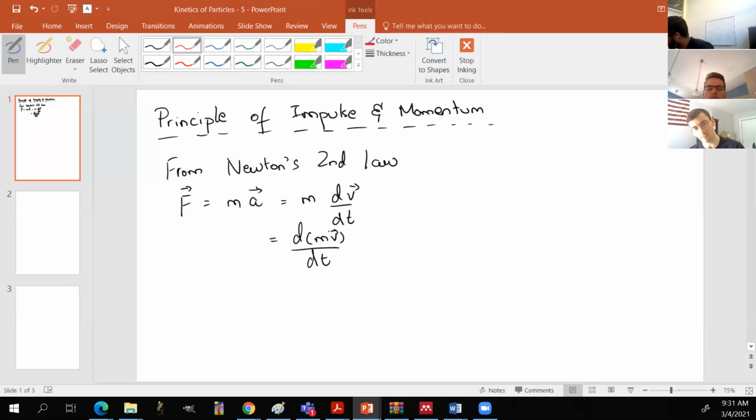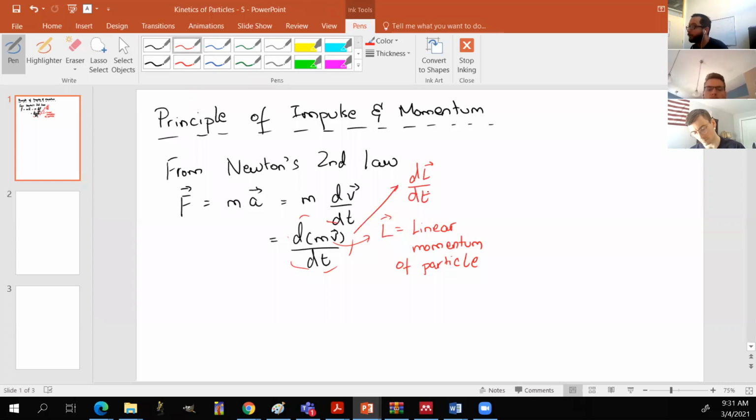And we know that this quantity inside here is basically L, which is called the linear momentum of the particle. So basically another way of writing this whole expression is just saying that it's the rate of change of the linear momentum of the particle, right?